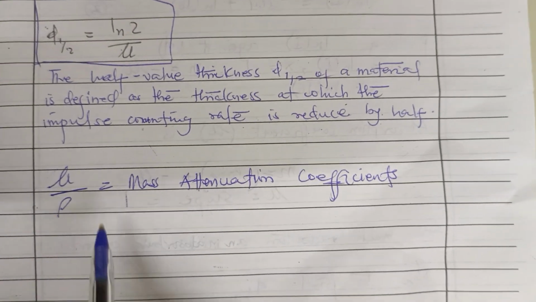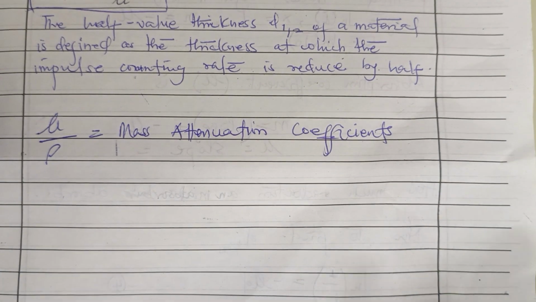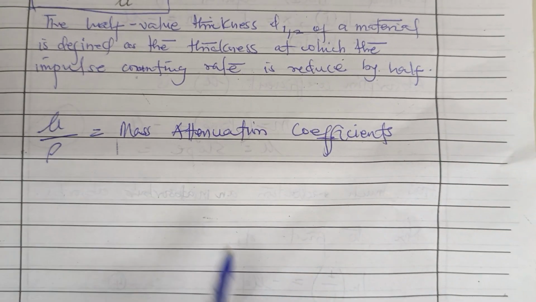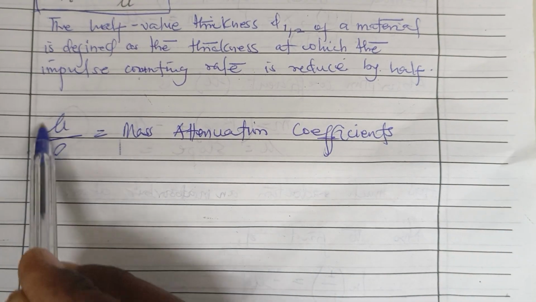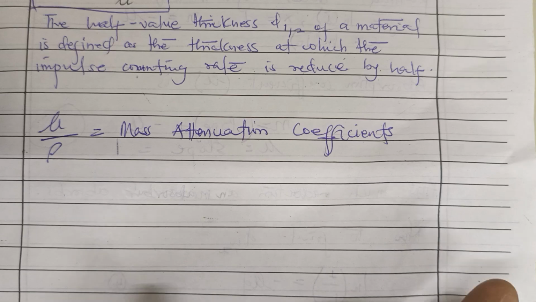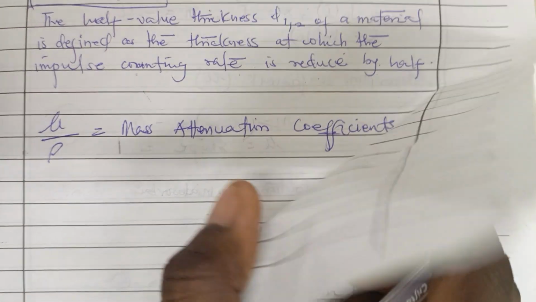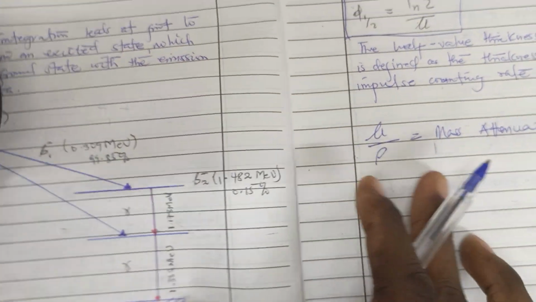And then this is the formula for finding our attenuation coefficient, and this is our absorption coefficient, which we will find from the graph after plotting the values in the table.